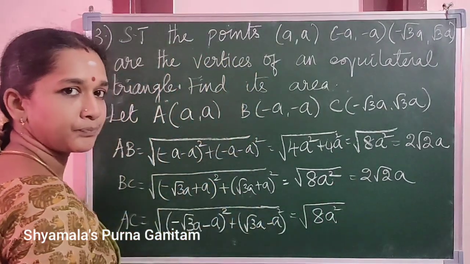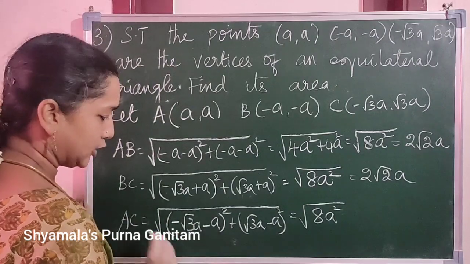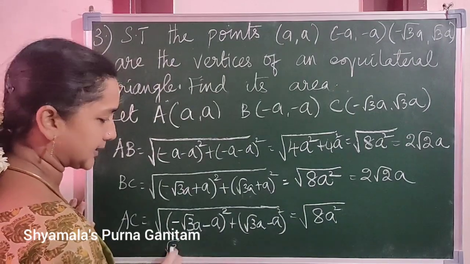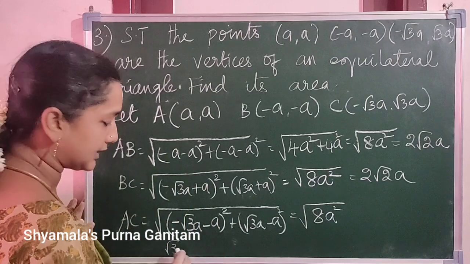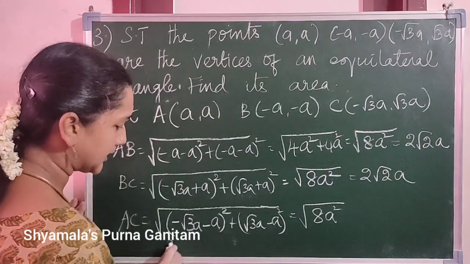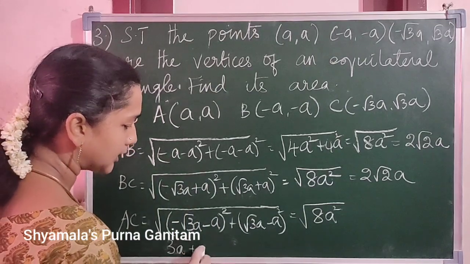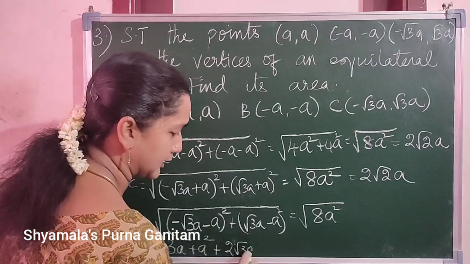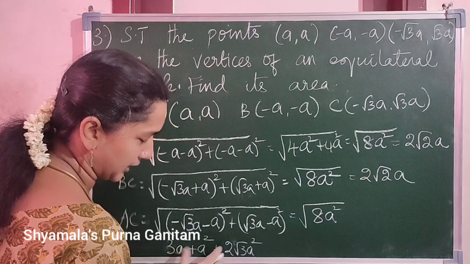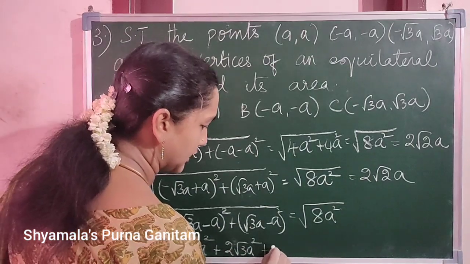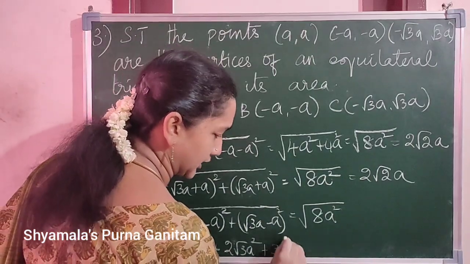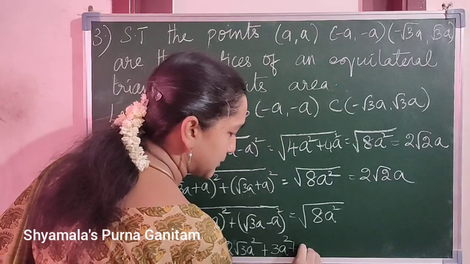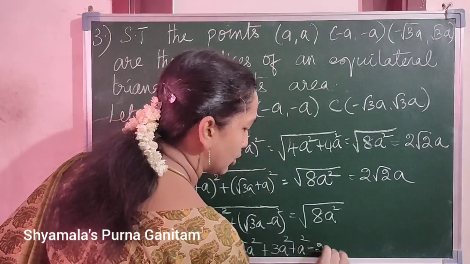Okay. Shall I tell you how you are getting that? This one is a plus b the whole square, and I am explaining it now. So this is 3a squared plus a squared plus 2 root 3a squared. This is for this part. Same way this side also, where root 3 is the whole square: 3a squared plus a squared minus 2 root 3a squared.